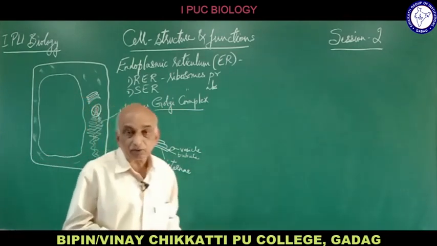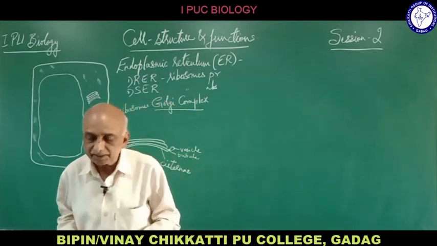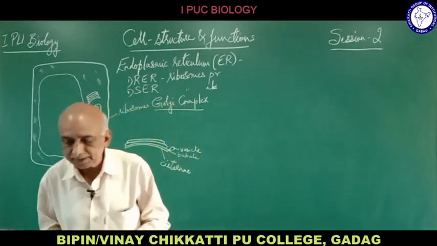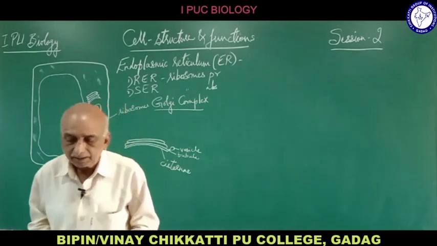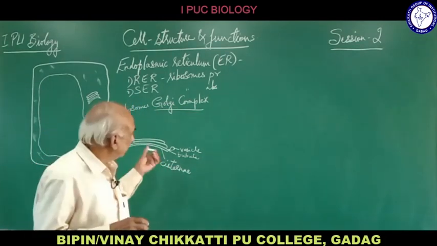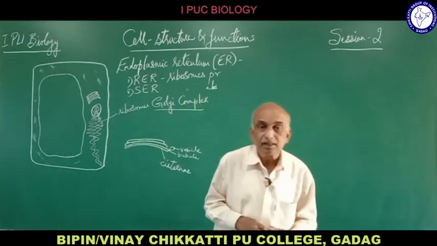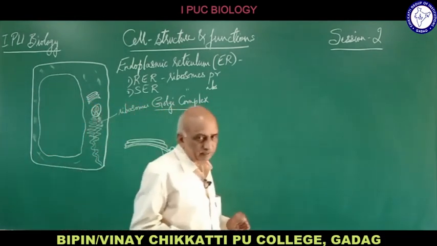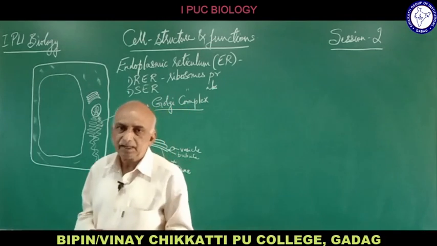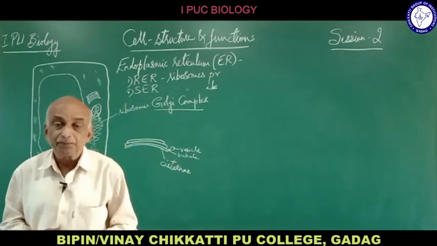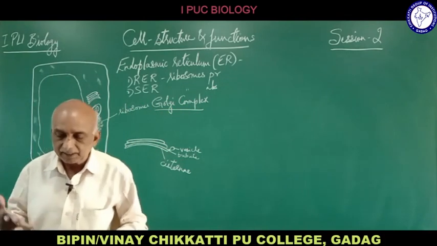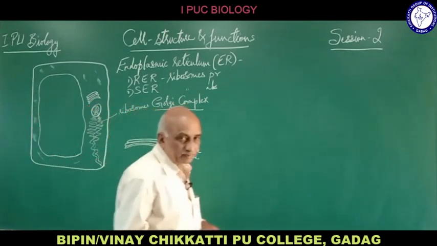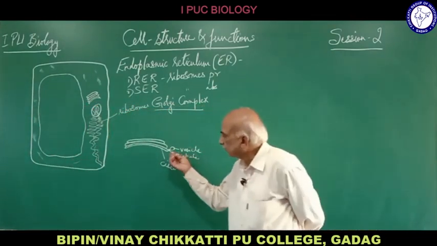In addition to this, it also helps in secretion. Certain substances are secreted, and it helps in the formation of glycoproteins and glycolipids, and in lipid transport. So these are some basic functions: packaging materials like proteins, formation of glycoproteins and glycolipids, lipid transport, and also the lysosomes, one of the organelles, are formed from the Golgi complex.